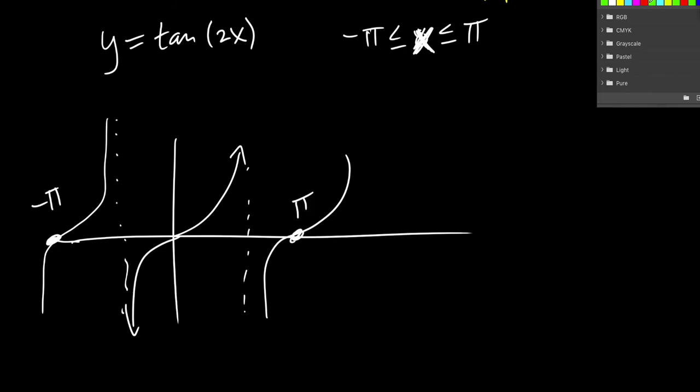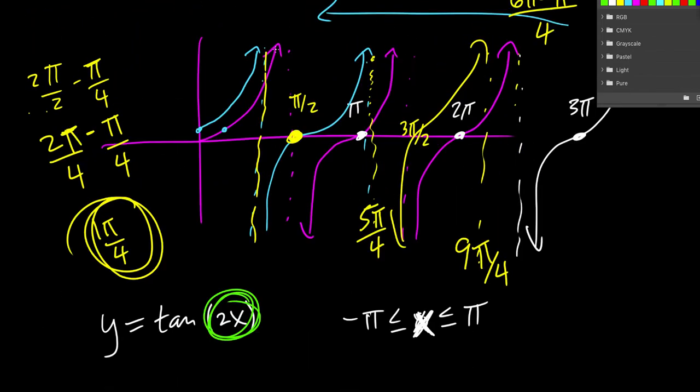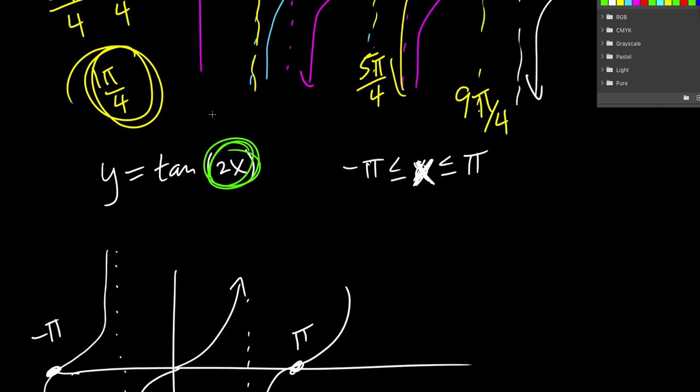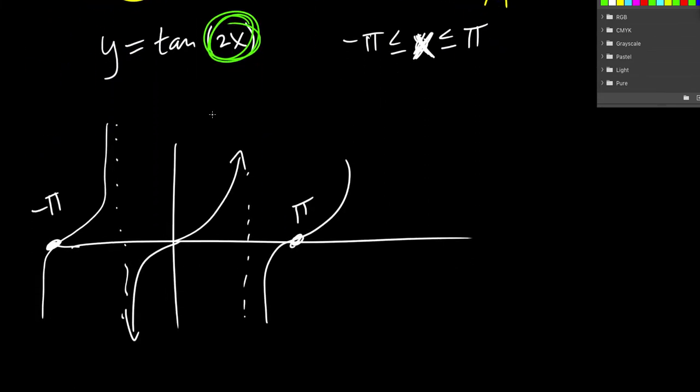What's going to happen is that anything that happens inside of parentheses is counterintuitive. Just like on the previous problem, this said plus pi fourths, which makes us think going to the right, but it actually goes to the left because it's counterintuitive. Now when we're down here, we're multiplying by 2 as far as our x is concerned, but actually in the problem, we're going to divide everything by 2.